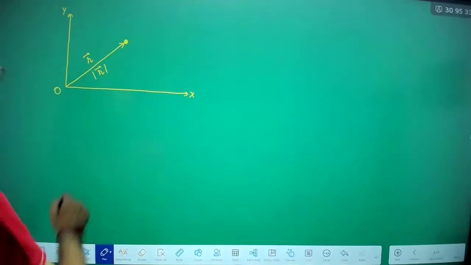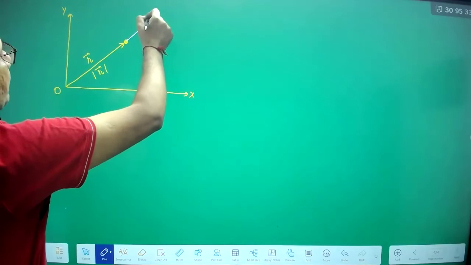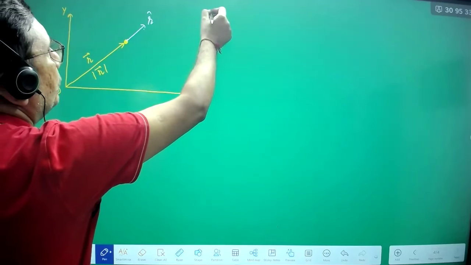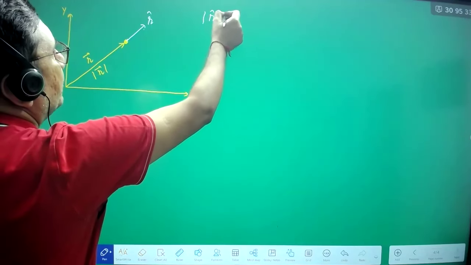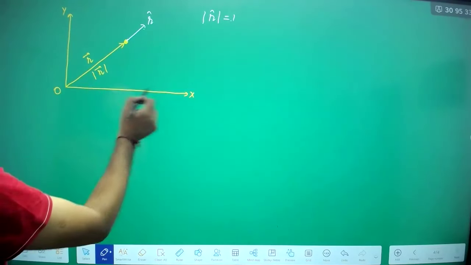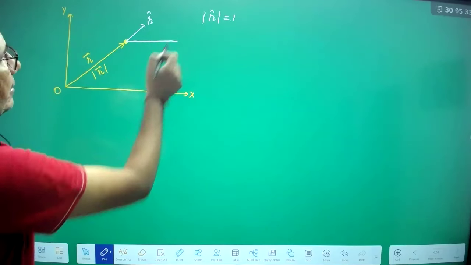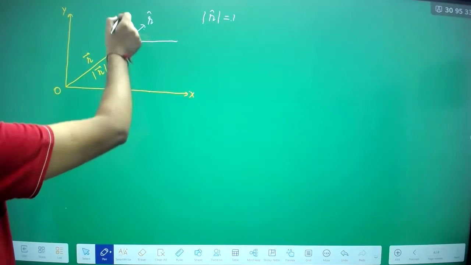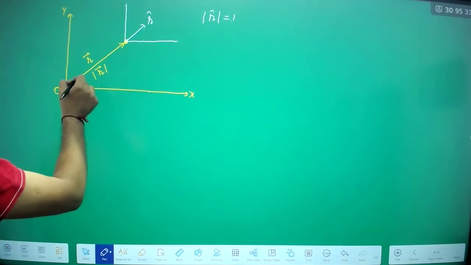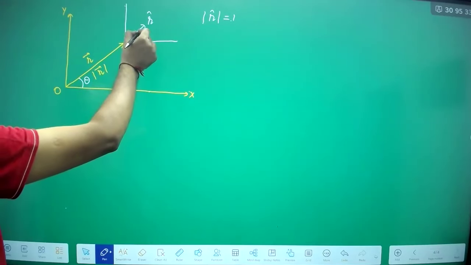This is my R cap direction. Try to understand, this is the R cap direction, and I know the magnitude of R cap is 1. Now, if I draw an axis parallel to X, and another axis parallel to Y, like this, this angle will be theta. So automatically this will be theta.